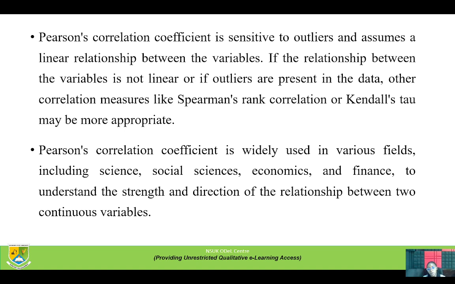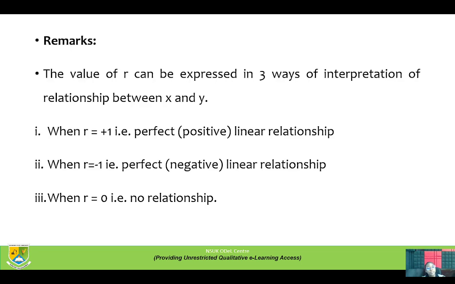Pearson's correlation coefficient is widely used in various fields, including science, social science, economics, and finance, to understand the strength and the direction of the relationship between two continuous variables.